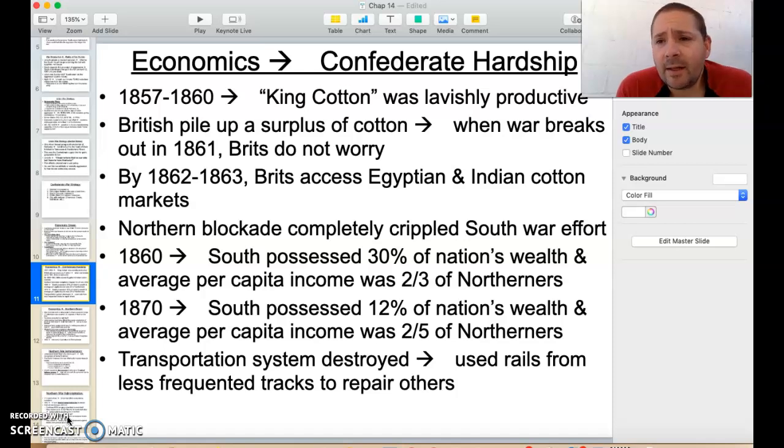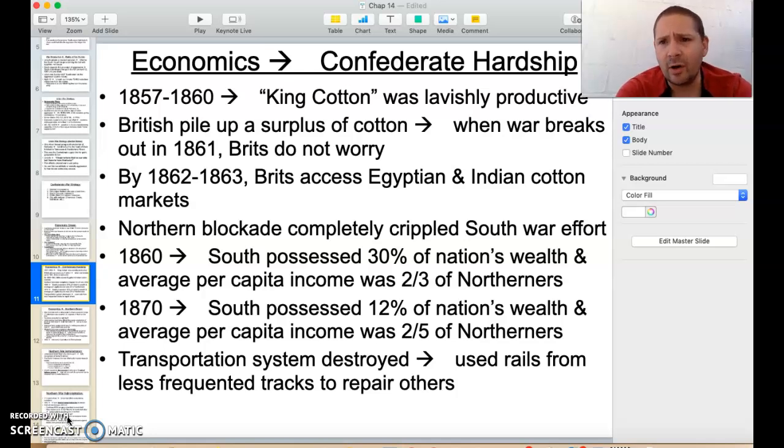The South depended so much on cotton and agricultural products, right? But as the war is going on, the economy of the South crumbles, right? They create their own currency, which is a sort of farce currency. But they also can't produce as much cotton as they need to be successful.